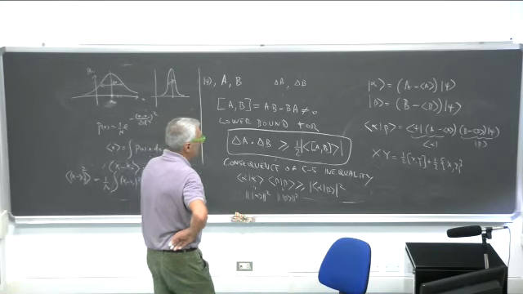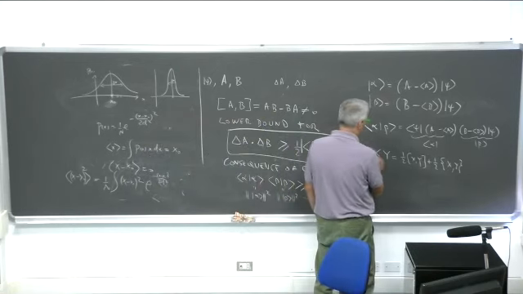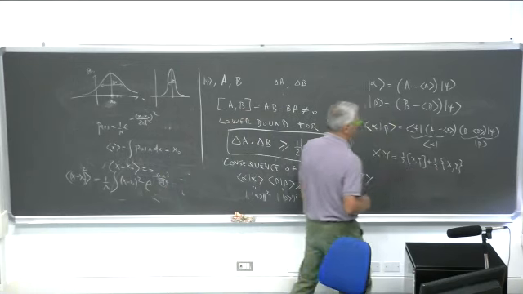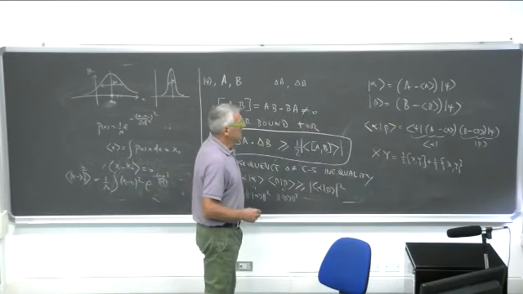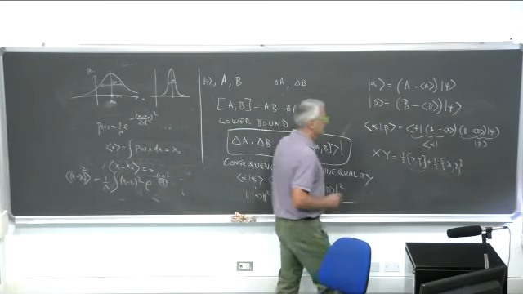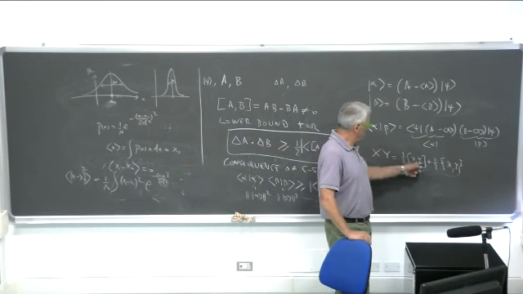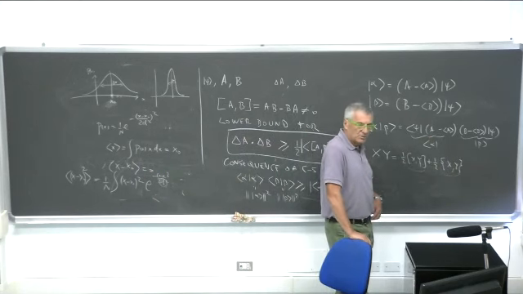Okay. And then the step is the following. So this is the product of two Hermitian operators. This is the commutator, this is the anti-commutator. Now, what about the properties of the commutator and the anti-commutator? If these are Hermitian, what is the commutator of two Hermitian operators? What do you think?